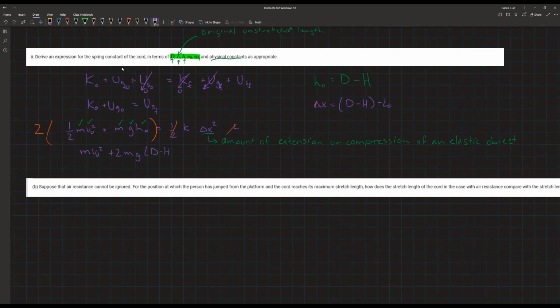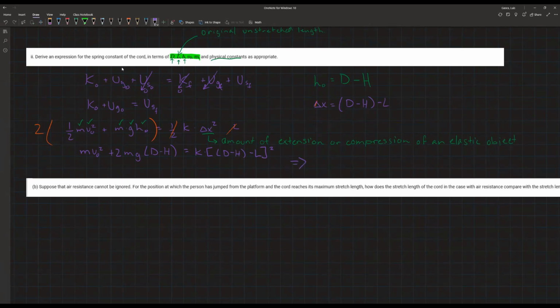D minus h equals k times, and then we're going to make the substitution for delta x. I'm going to use brackets. D minus h minus L. Sorry, not L naught. They want us to use L. And all that monster gets squared.